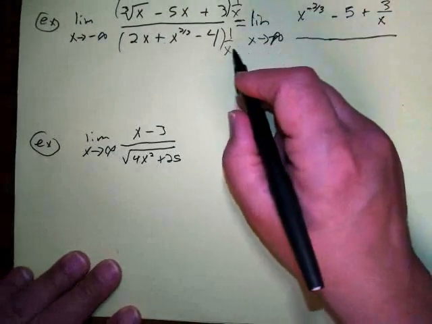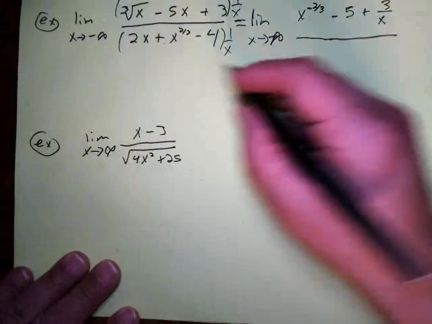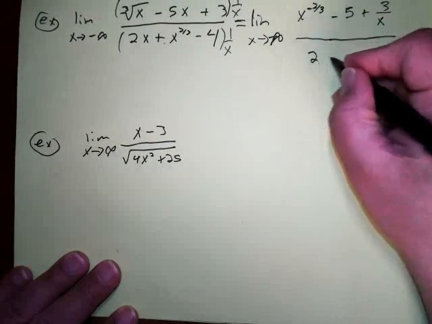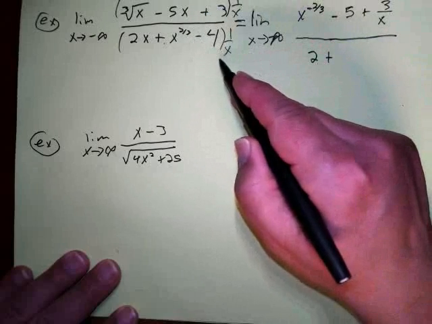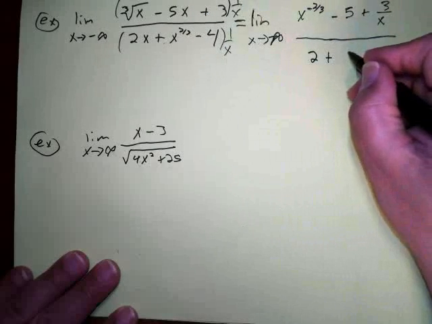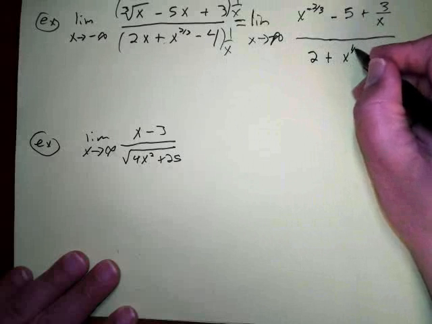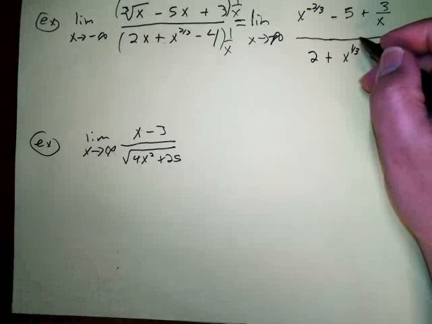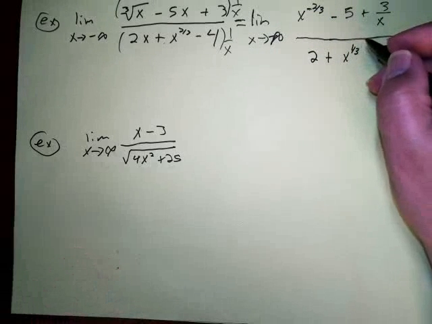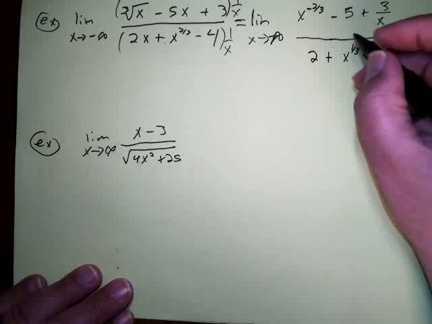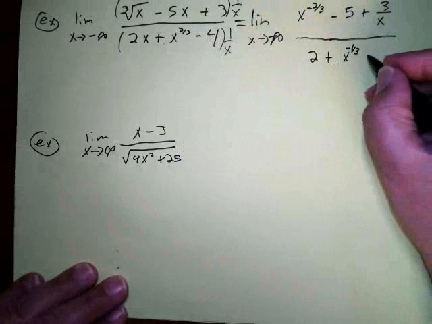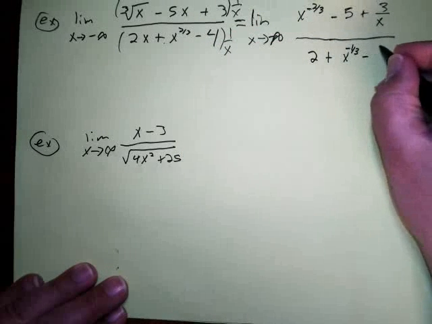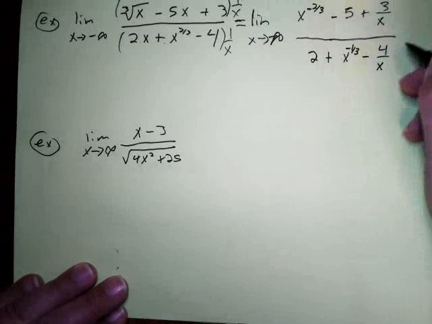And what about this one? So then if I divide here, or multiply through, this is just going to be 2. And then this is x to the 2/3 minus 1/3. So this will just be x to the positive 1/3. Oh, nope, to the negative 1/3, I'm sorry. Because you have 2/3 minus 1. And then this will be 4 over x.